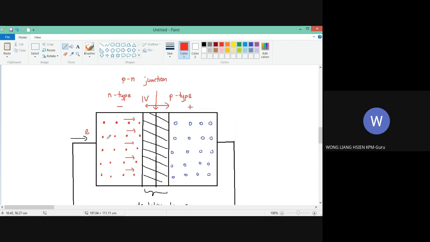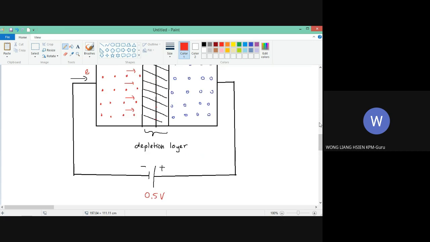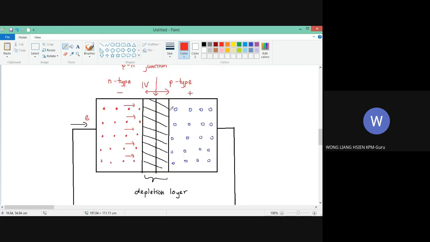The 0.5 volt will be able to push the electron nearer to the junction, and this positive will be able to pull some of the electron out.